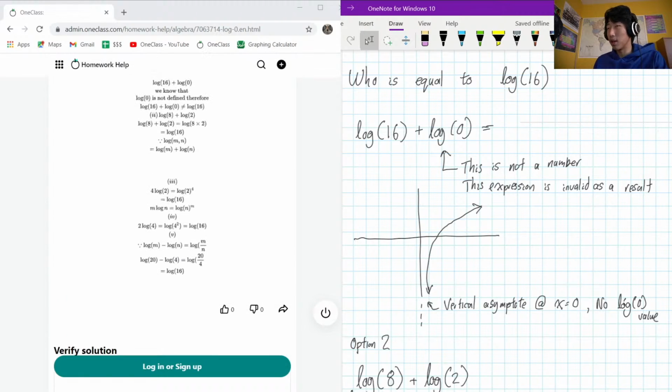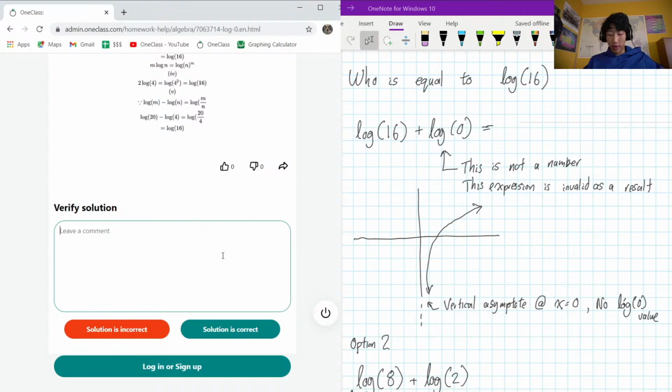Okay, so the above answer, all except the last option.